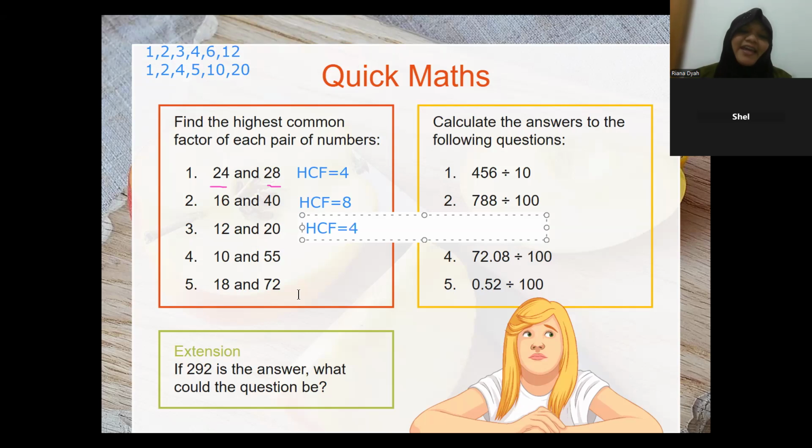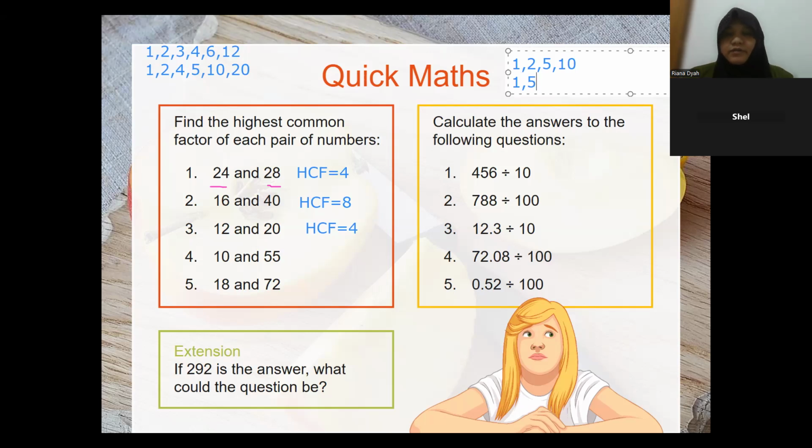Good. Next, 10 and 55. 1, 2, 5, 10. And then 1, 5, 11, 55. Is it 5? Yes, it's 5.